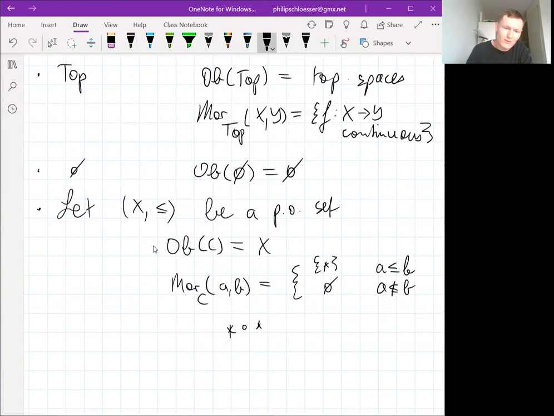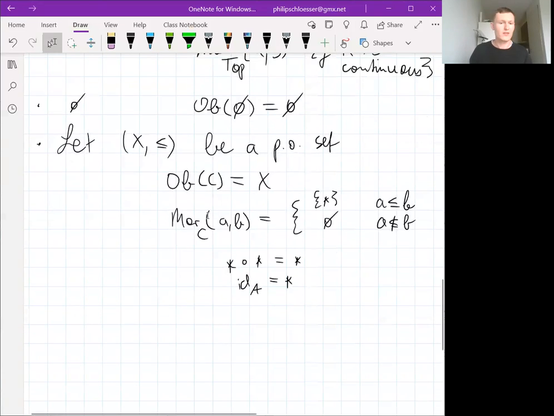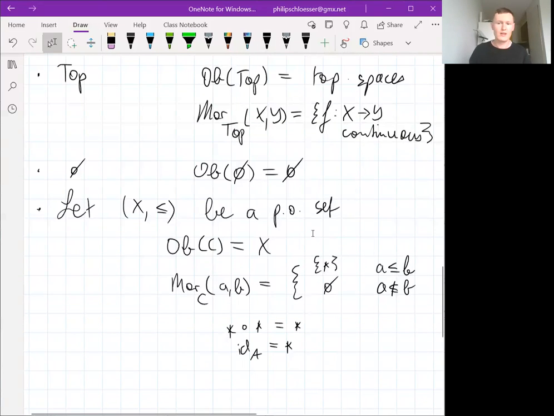So this is sort of boring. And of course, the identity is just that element. And the category axioms, namely that the composition is well-defined and associative, and that we have an identity, correspond to the axioms for a partially ordered set.